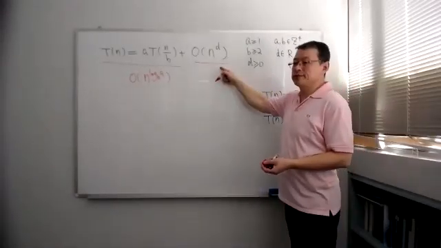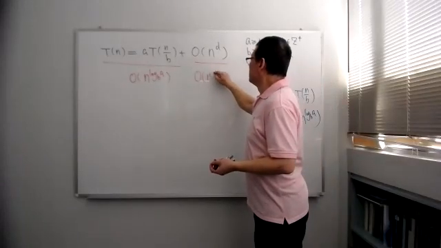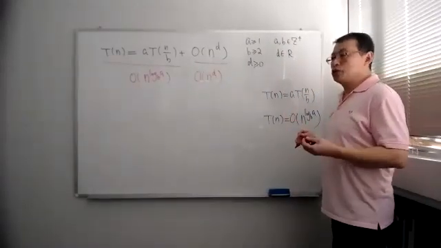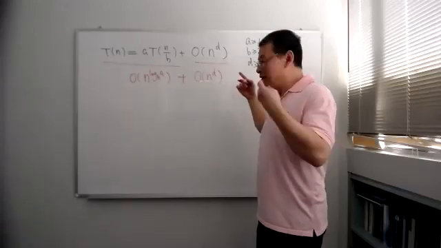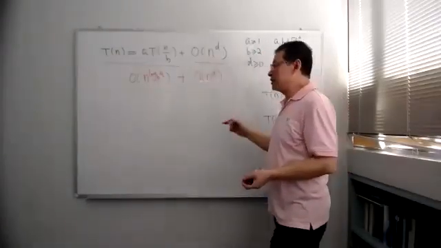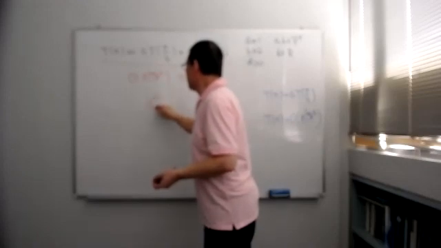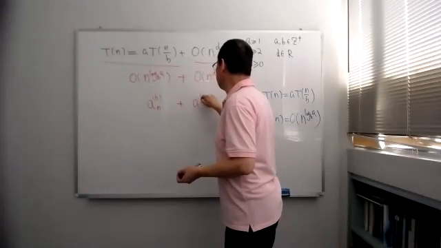That's the non-homogeneous part. For the recurrence relation, our solution always looks like this. Remember, last week when we discussed it, the homogeneous part plus a particular solution.